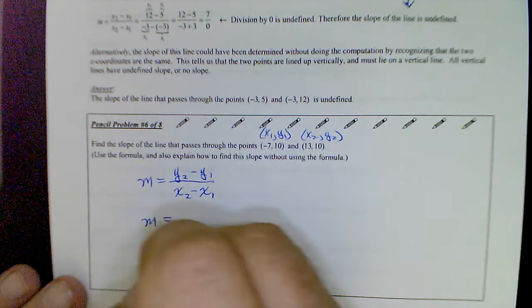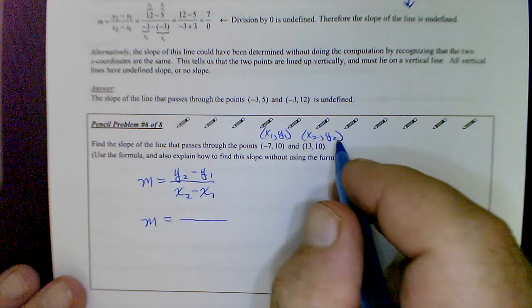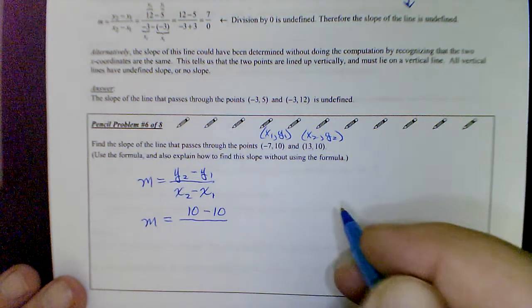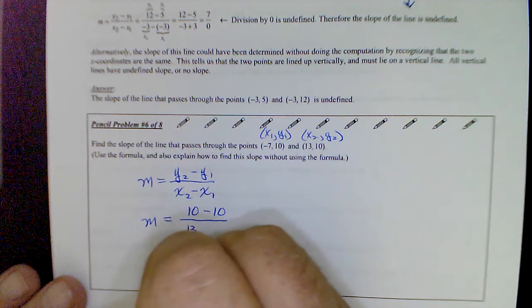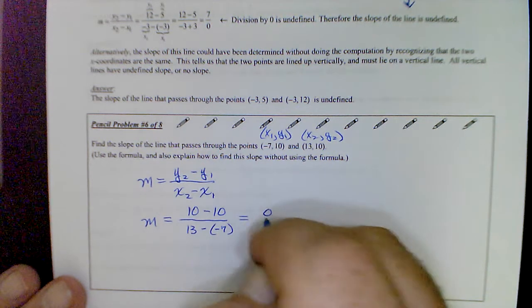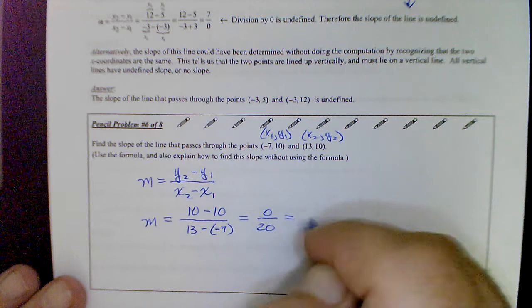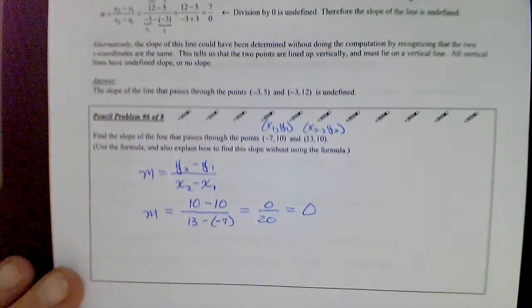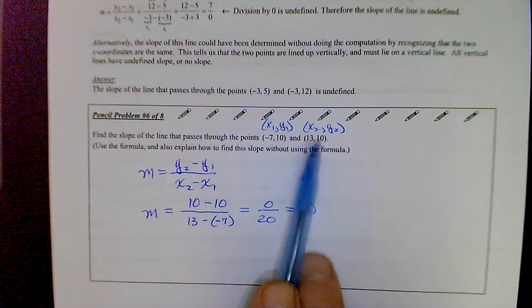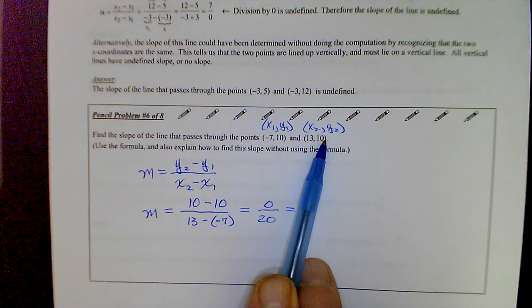And so we have y2 is 10 minus y1 is 10 over x2 13 minus x1 and minus 7. So that gives 0 over 20 or 0. But another way to notice that it is one of these special lines, horizontal or vertical, is that you have the same y coordinate.